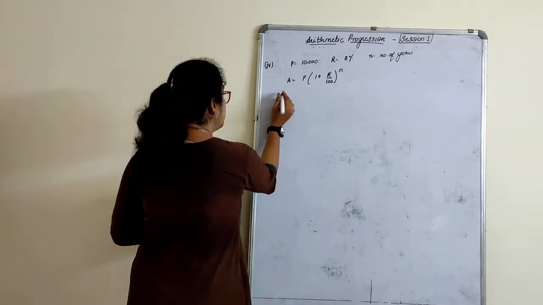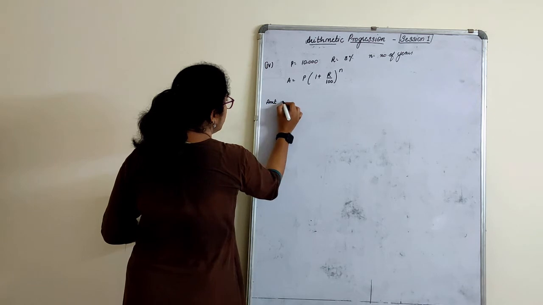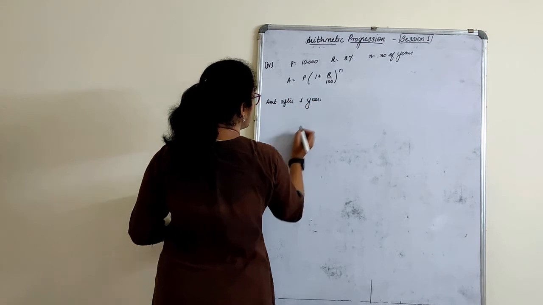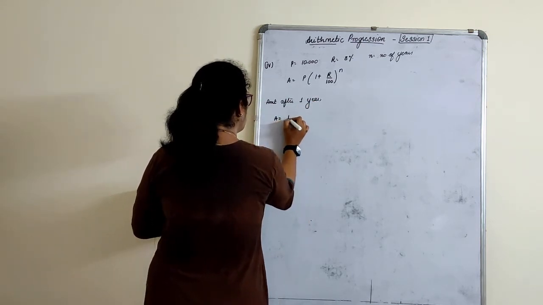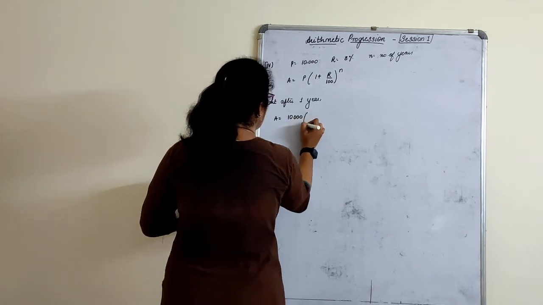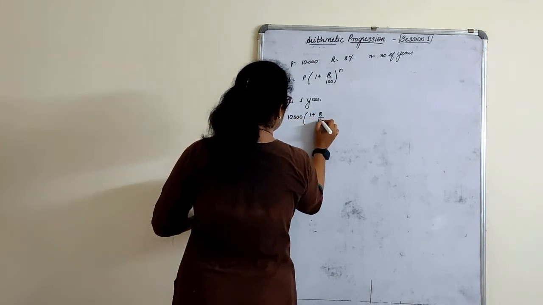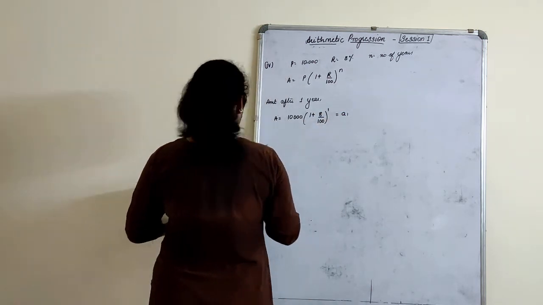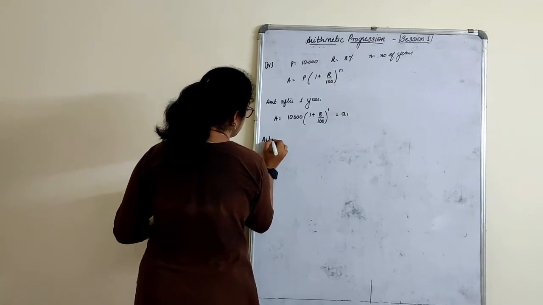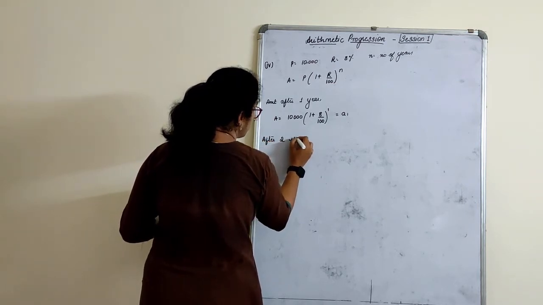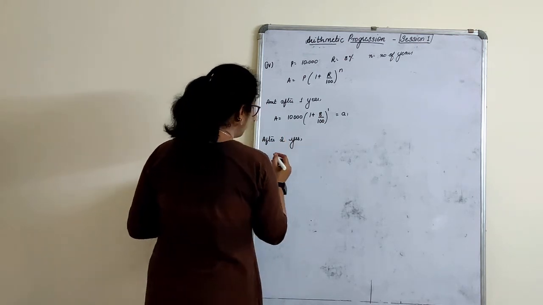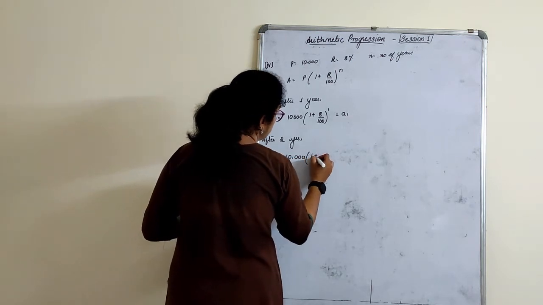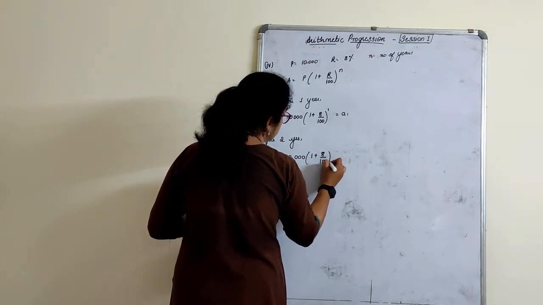So the amount after 1 year is A equal to 10,000 of 1 plus 8 by 100 raised to 1. This is your A1. After 2 years, we are not solving here, we simply write amount is equal to 10,000 times 1 plus 8 by 100 raised to 2.